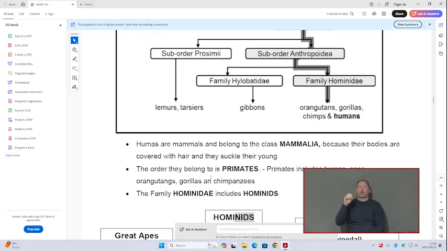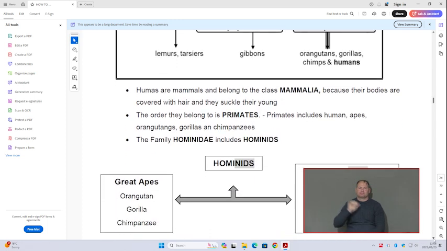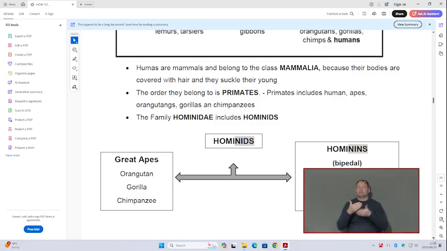When you are asked the family in which modern humans and other primates fall, you must know the family is Hominidae. And moving forward, the family Hominidae includes the hominids. The hominids are both the great apes as well as the hominins.